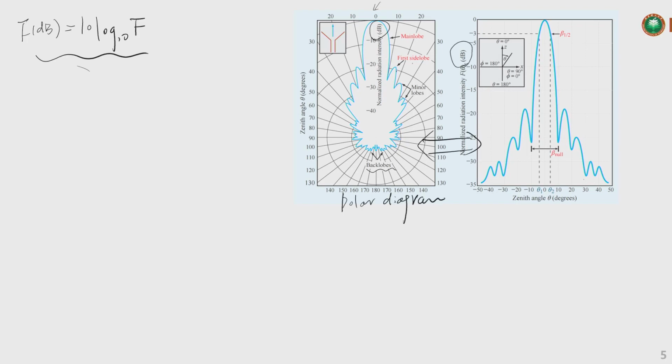So these are the antenna patterns, just for an antenna. Here from this plot we can also see that we can measure several kinds of lobes, right?